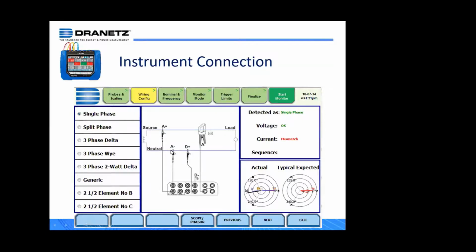For example, if you have a 3-phase 4-wire circuit and you want to connect the instrument up as phase to phase, because you have phase to phase loads and you want the instrument to reflect that, then the instrument may detect it initially as a Y, but you can always go in and override it as a delta.